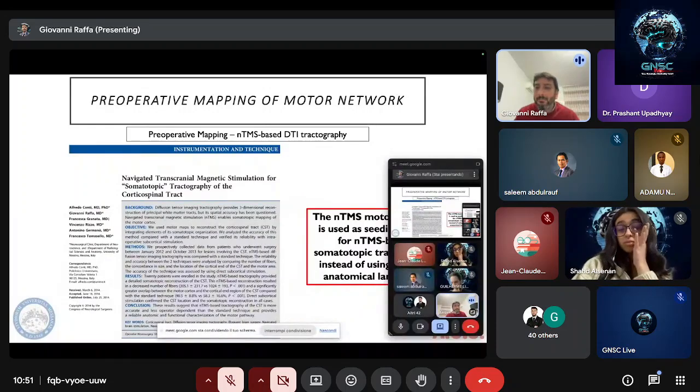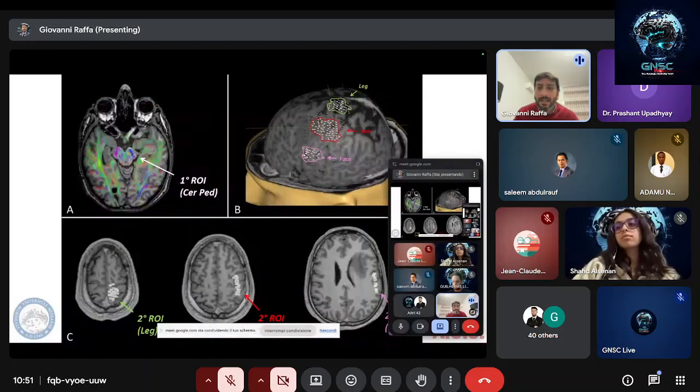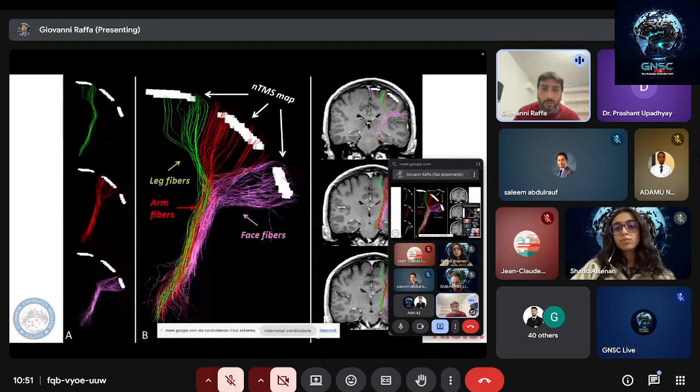And NTMS can be used as a seeding region for the reconstruction of the corticospinal tract in the case of the motor network using DTI tractography. So we can perform an NTMS-based DTI tractography using the NTMS map as seeding region for the reconstruction of the corticospinal tract.